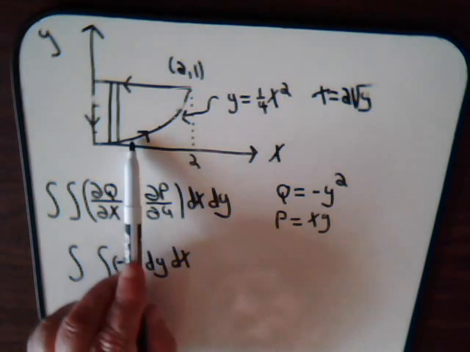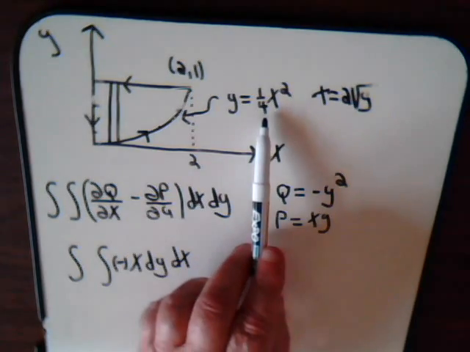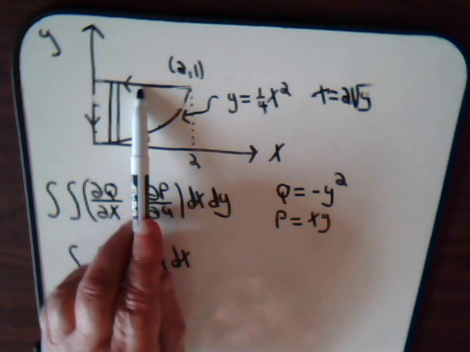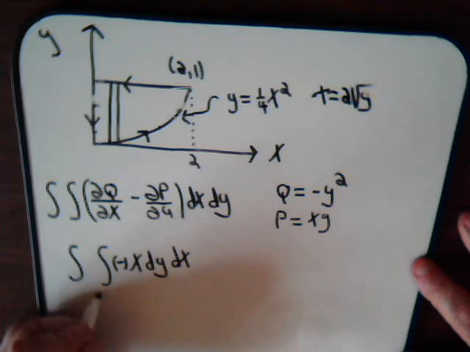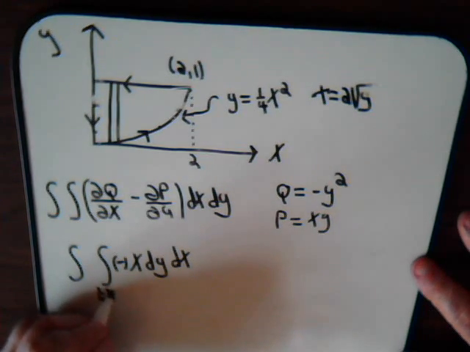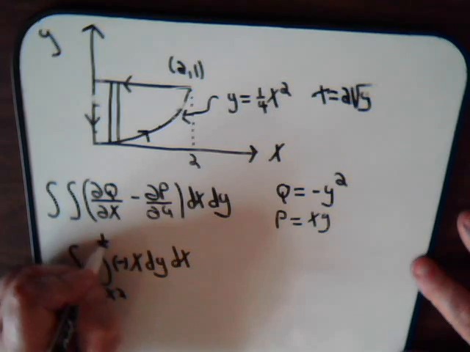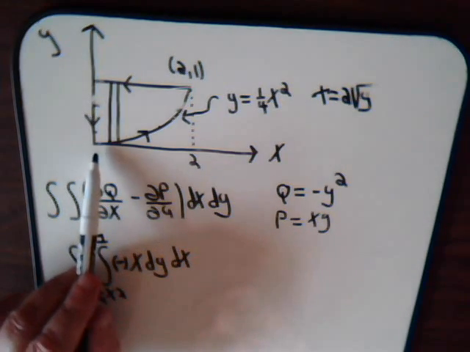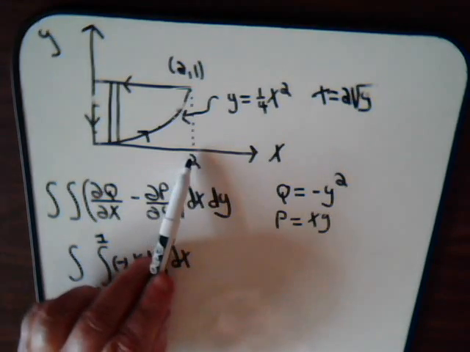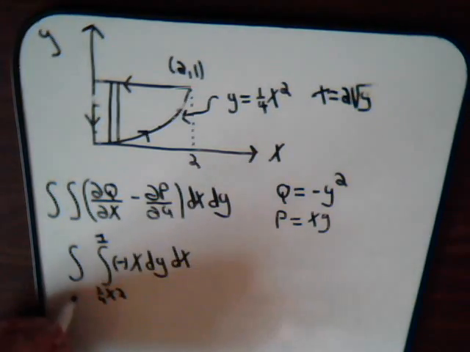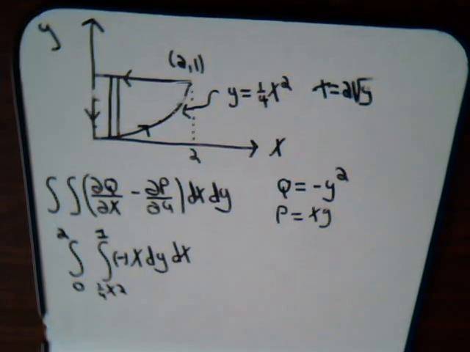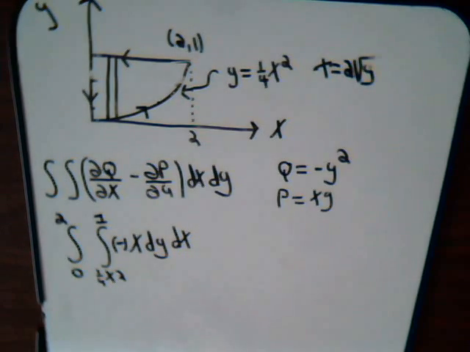It goes from this curve, where y equals 1/4 x squared, up to this horizontal line, where y equals 1. So those are the y limits, and we're going to add up all these vertical strips starting here at x equals 0 and keep going until x equals 2. So now the double integral looks like this, having dy dx.